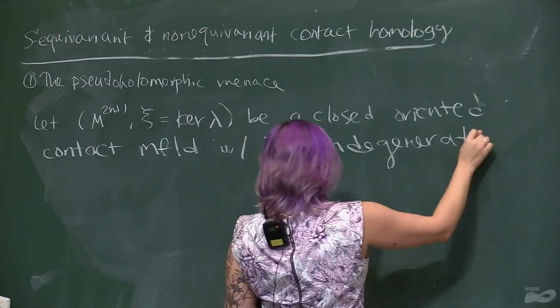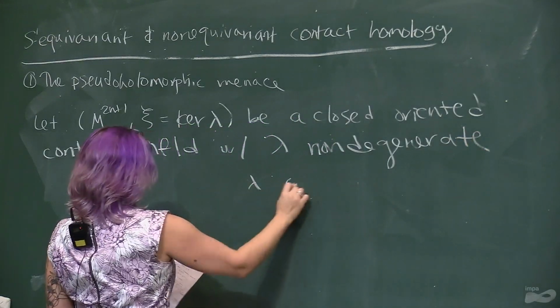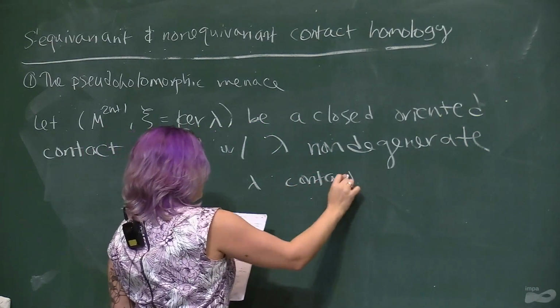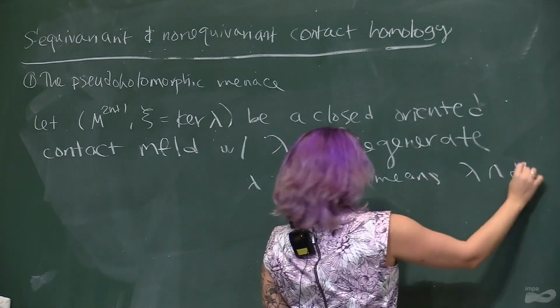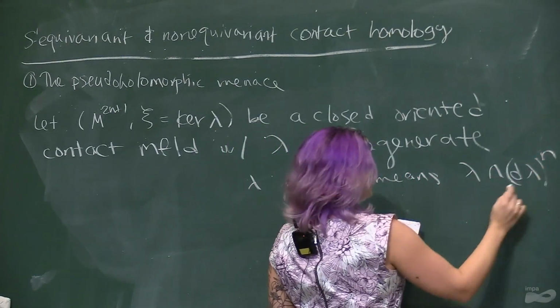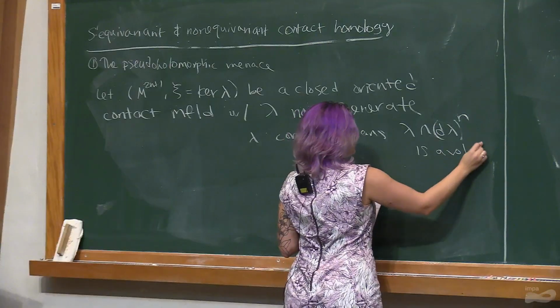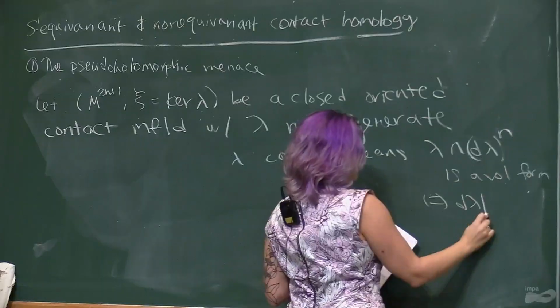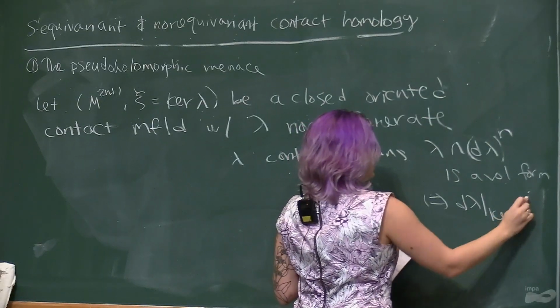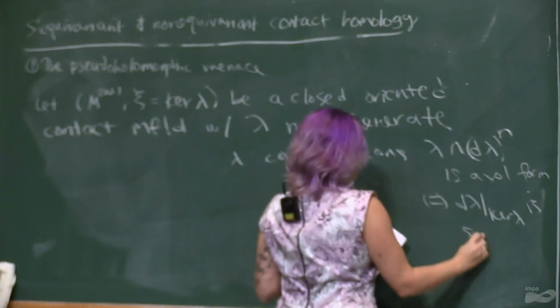I think we all know this, but lambda contact means that lambda wedge (d lambda)^n is a volume form, which is the same thing as saying that d lambda restricted to its kernel is symplectic, or non-degenerate.